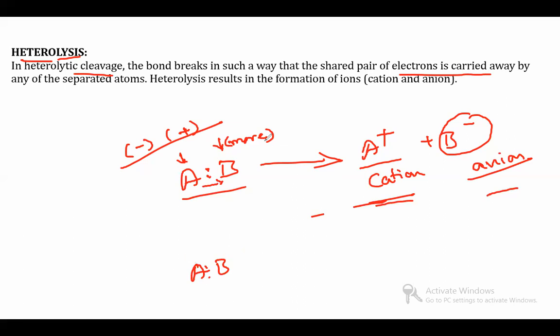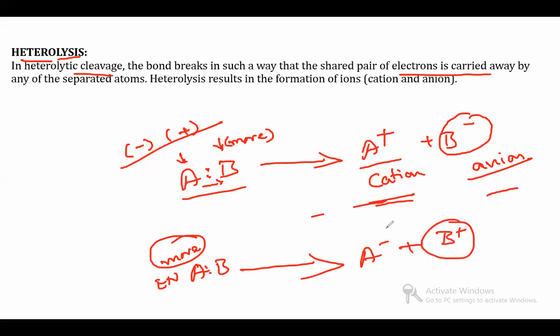If we consider A more electronegative than B, then the reaction forms A minus and B plus. So A minus is an anion, a negatively charged ion, and B plus is a cation, a positively charged ion.